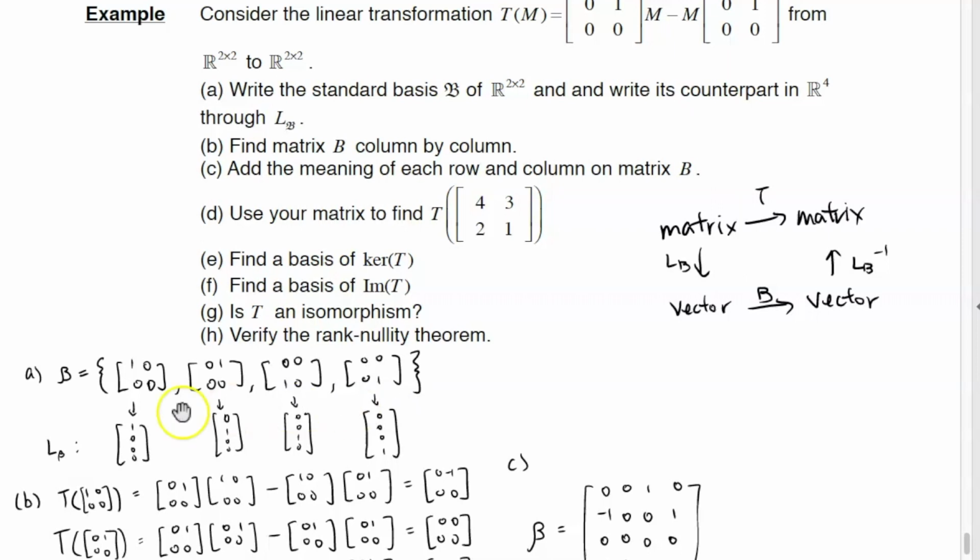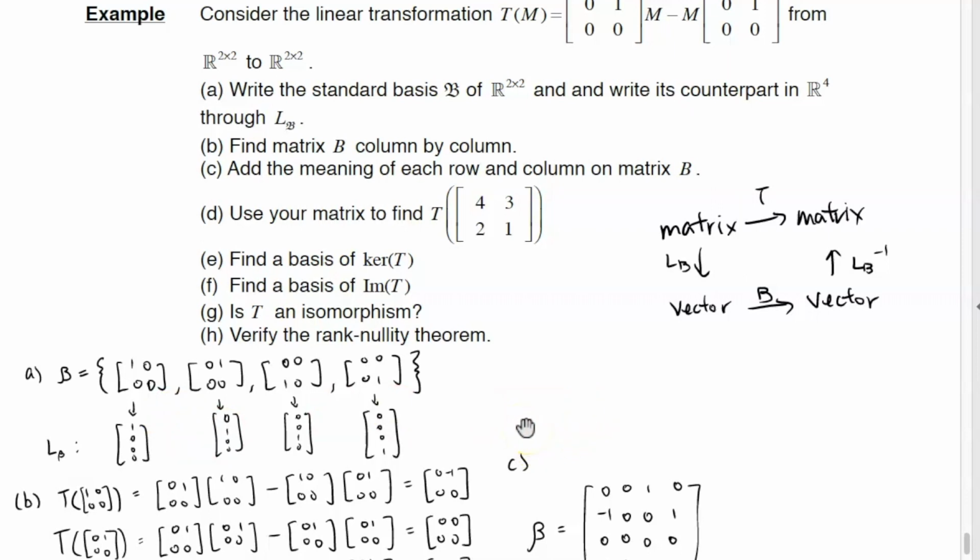And obviously, I'm going to pick 1, 0, 0, 0, 0, 1, 0, 0, 0, 0, 1, 0, and 0, 0, 0, 1. Here we listed them moving in rows. You could also go in columns. That's up to you.